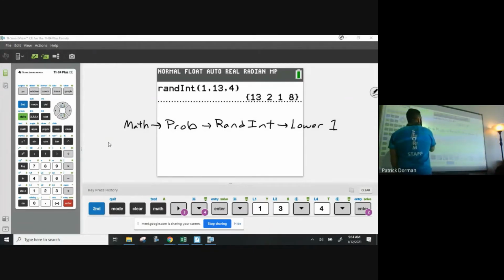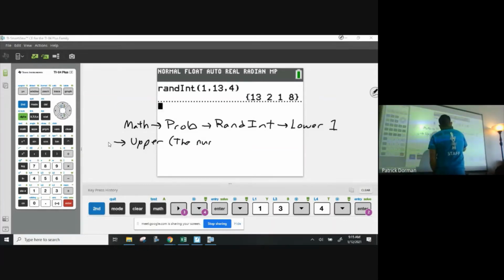And then your upper that it's asking for is going to be the number of people you're selecting from, or the number of things you're selecting from, it could be people, could be other stuff.